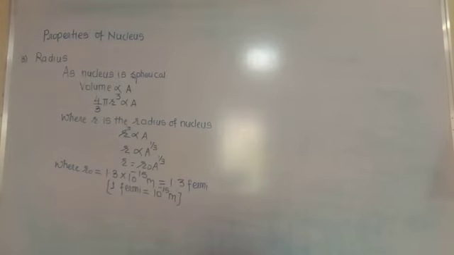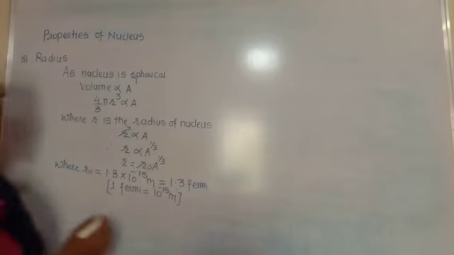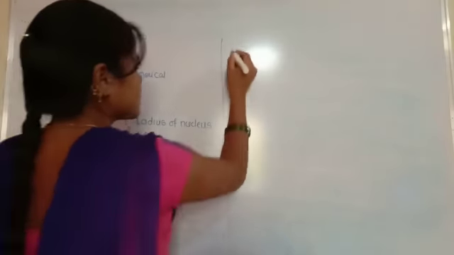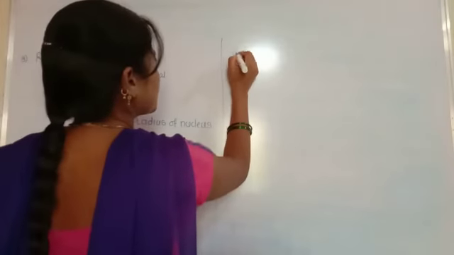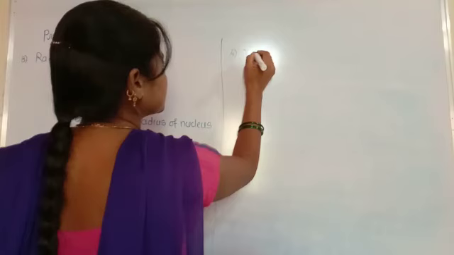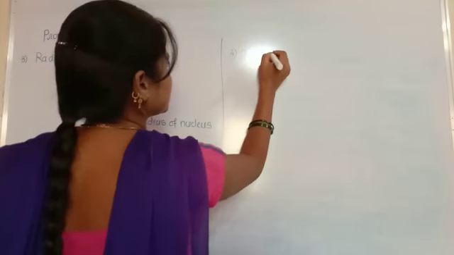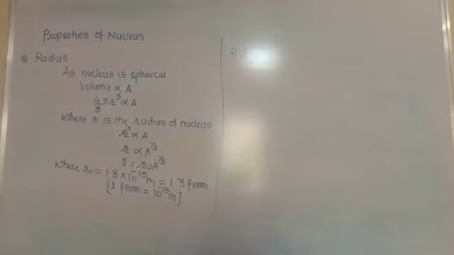So the next property is the density. The fourth property is the density, that is also known as the charge density.